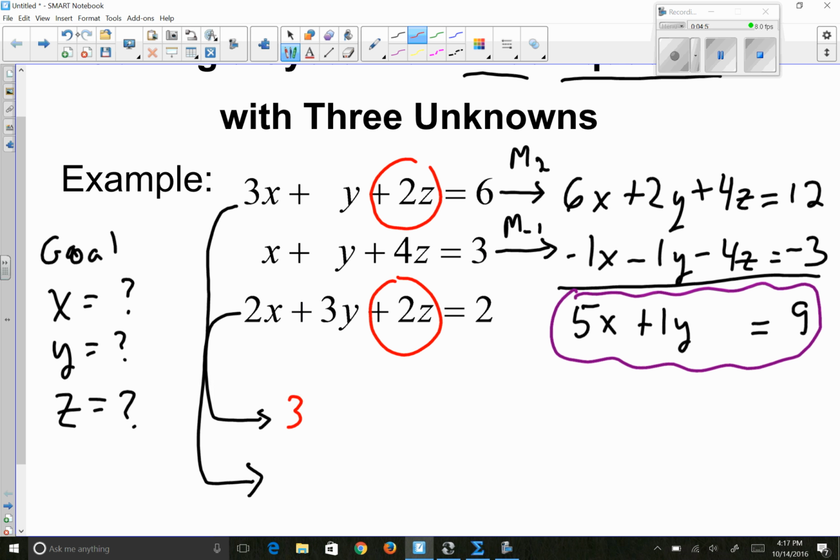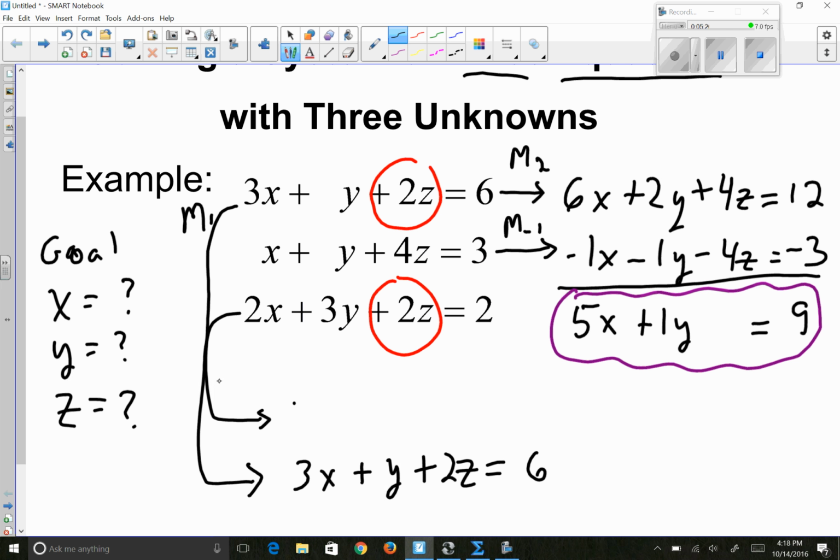So the top equation is 3x plus y plus 2z equals 6. If you want, you could say we multiplied that equation by 1. I know that means we just copied it.